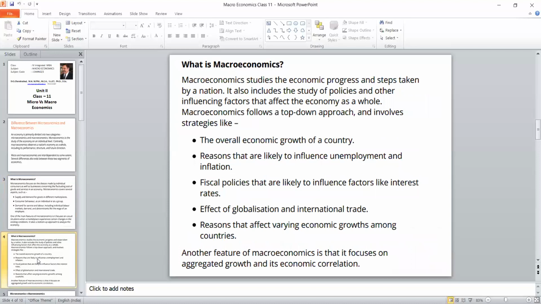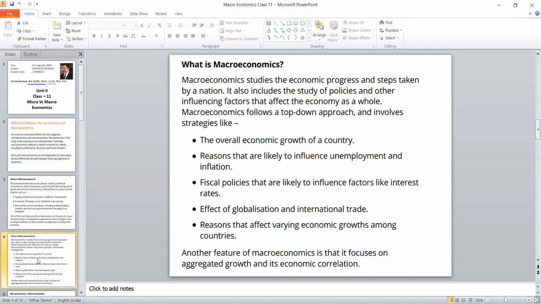As I told earlier, macroeconomics is not at an individual level, it is at an economy level. There we should talk about economic growth, inflation, unemployment level, how to frame monetary policy and fiscal policy, how international trade takes place, how we make globalization, how to implement liberalization policy, and what the reasons for inflation and unemployment are.